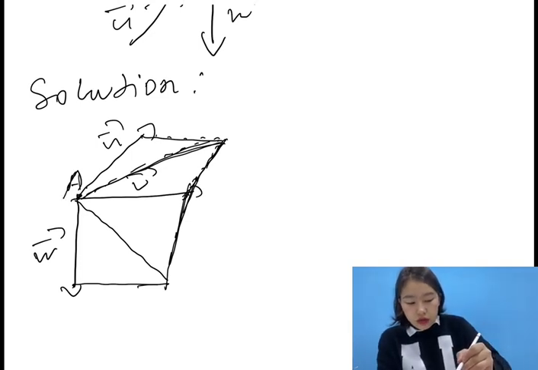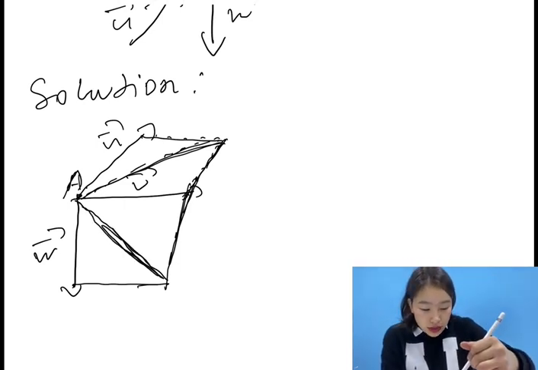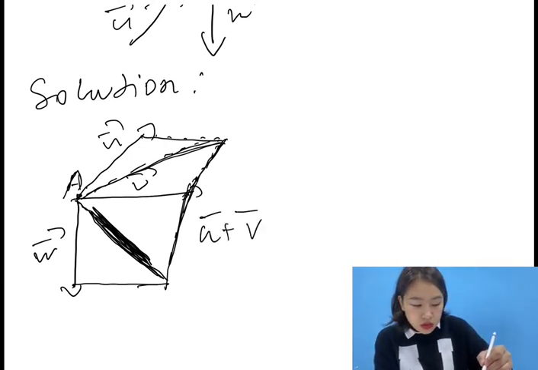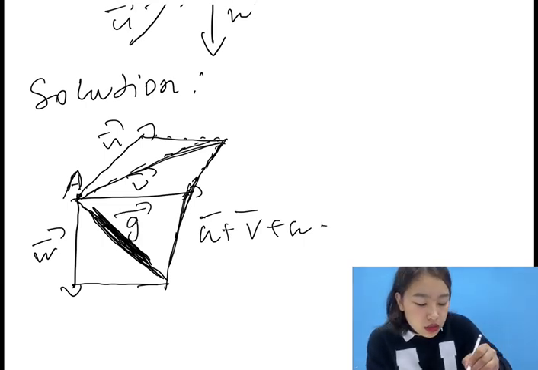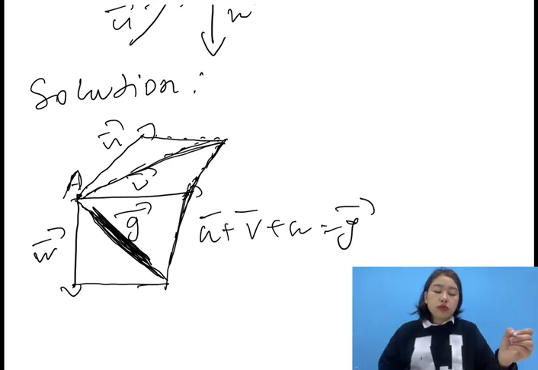And we said that our A is the fixed point. Here, this line will be the sum of the U, V, and W vectors. Let's call it just like the G vector, maybe. Our sum of the U, V, and W vectors is equal to the G vector.